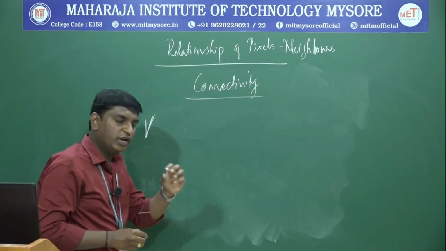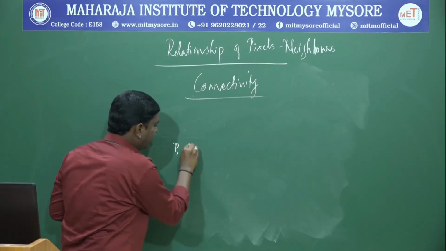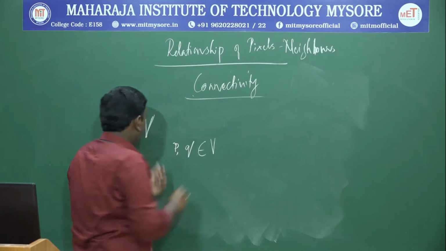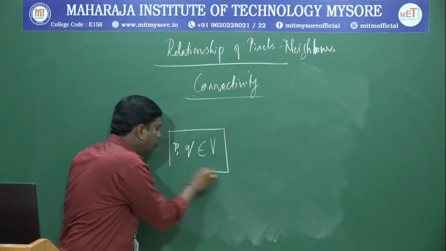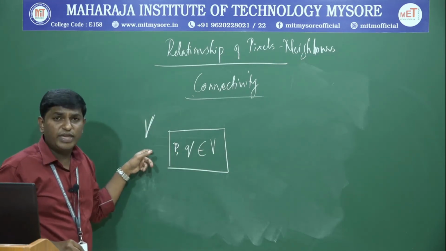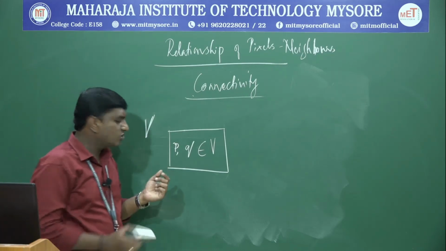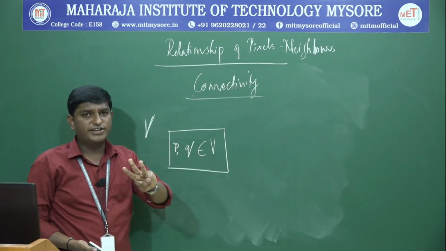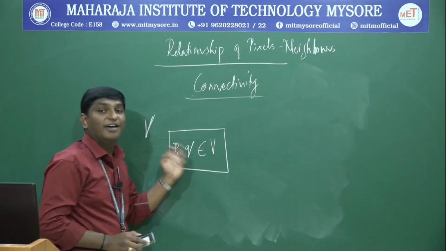Let us take two points, P and Q. They belong to set V. So the first condition you should remember is, both the points P and Q belong to V. V is a set of gray levels. With these points P and Q, we define 3 conditions to tell that P and Q are connected.